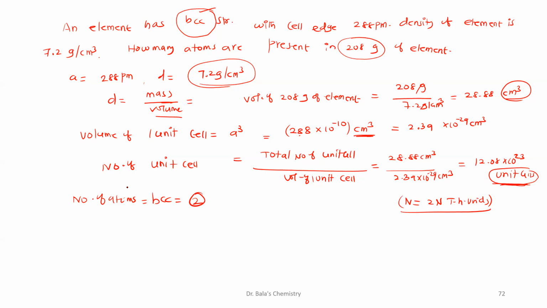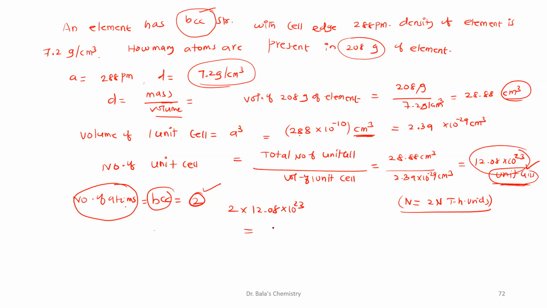So here, the number of unit cells is known, but they are asking for the number of atoms. 1 unit cell contains 2 atoms, so unit cells into 2 will give the number of atoms. So 2 into 12.08 into 10 power 23.